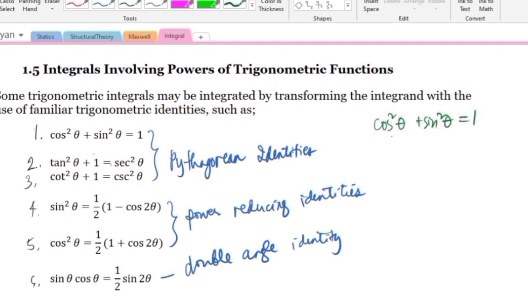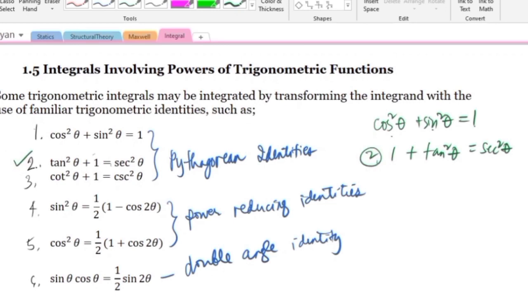If we are going to divide everything by cosine squared theta, we have cosine squared theta divide cosine squared theta, and we have here 1 plus sine squared theta divide cosine squared theta is tangent squared theta, and 1 divide cosine squared theta, and we have secant squared theta. So that would give you your formula number 2.